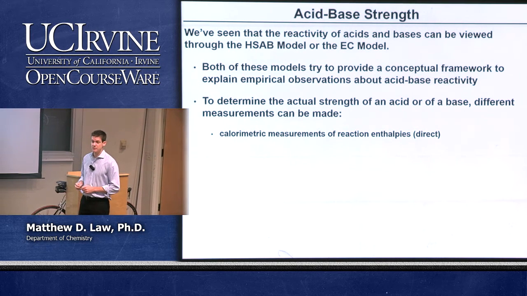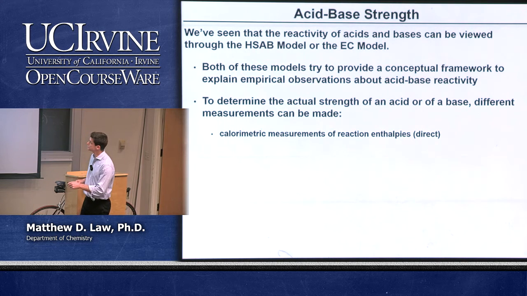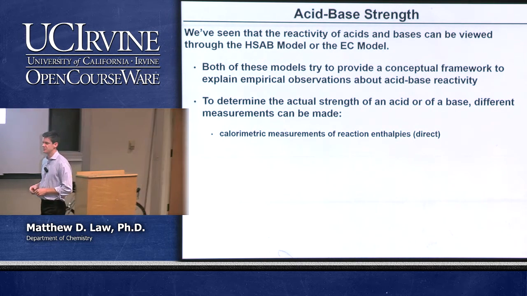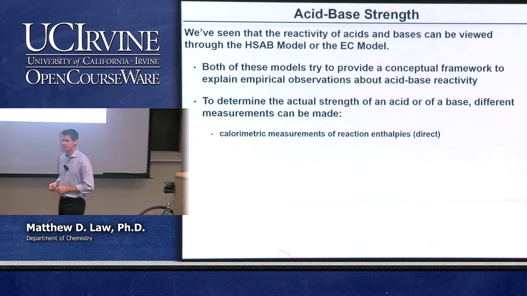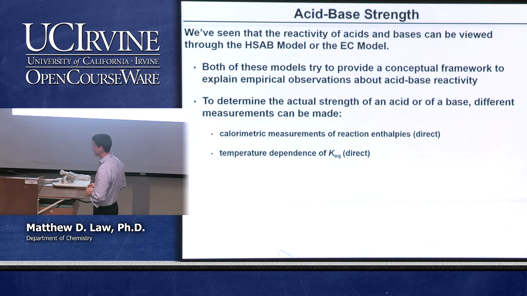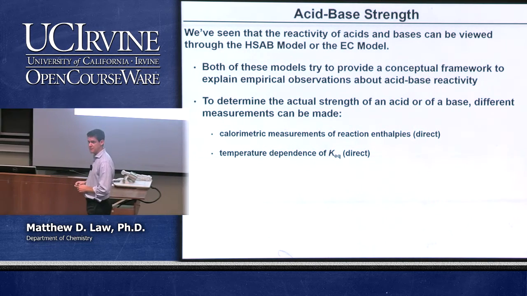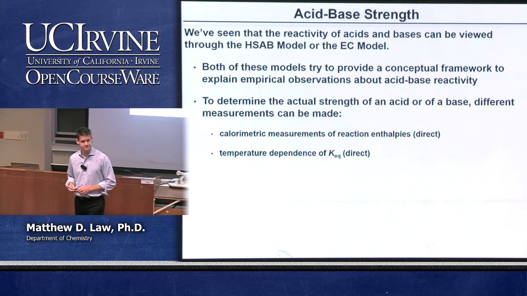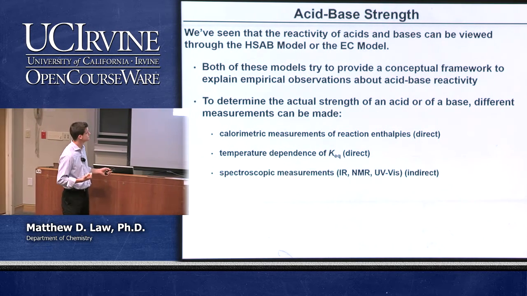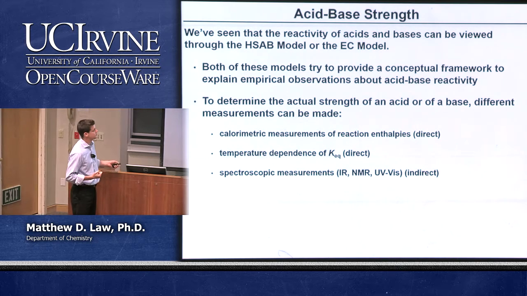We can use calorimetry, for example, to directly measure the reaction enthalpy for an acid-base reaction. This is a very standard way of getting quantitative values for the delta H. We can also use Van't Hoff's equation and look at the temperature dependence of the equilibrium constant, and from that, we can extract the delta H parameter. And there's a whole host of other ways to do it.